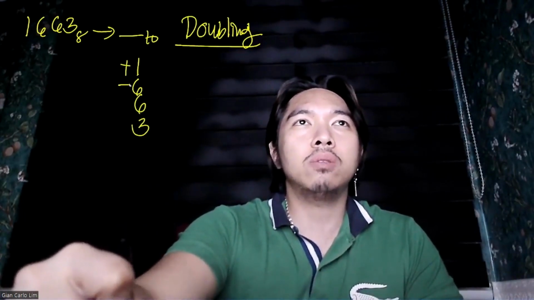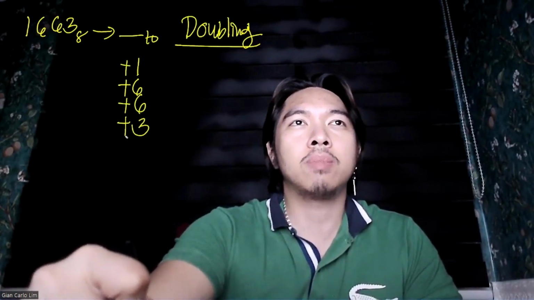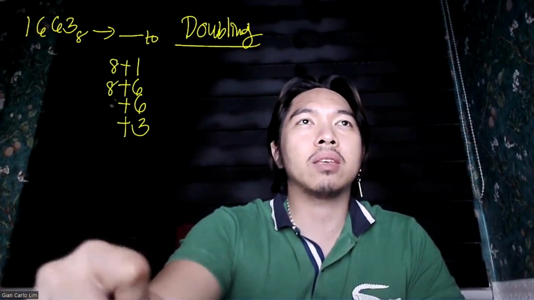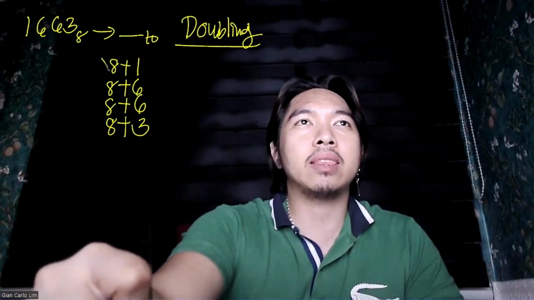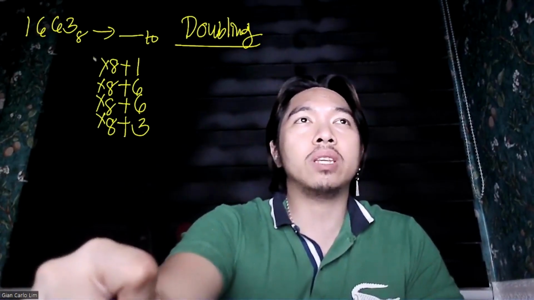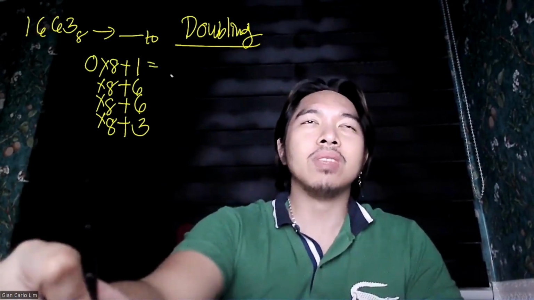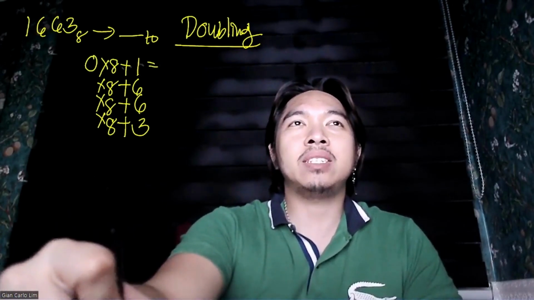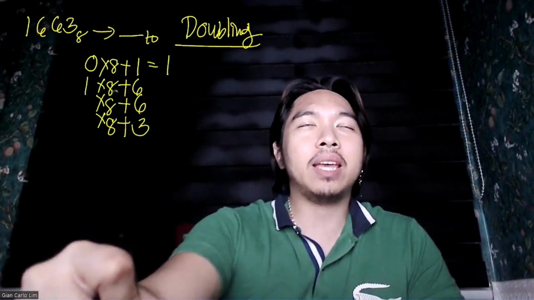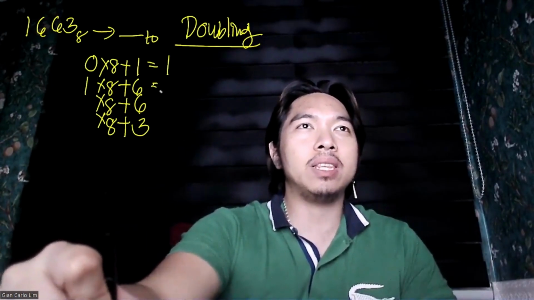Then plus, plus, plus, plus, and then the base. So, 8, 8, 8, 8, and then times. Just like with base 2, default is 0. Okay. Same again. 0 times 8 is 0 plus 1, so this would be 1. 1 times 8 is equal to how many?